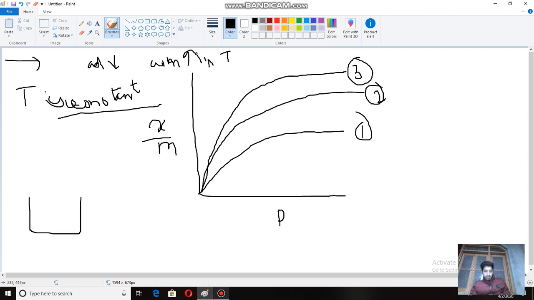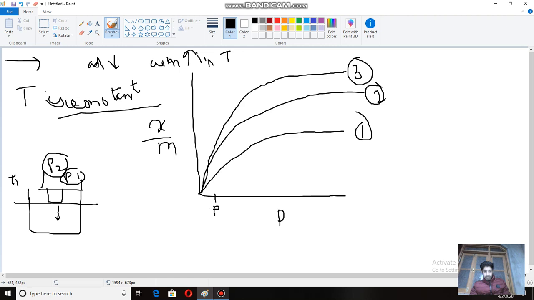For example, let's take a system whose temperature is T1, and first its pressure was P1, then we increased it, put some more weight, P2, and plotted how much mass x was adsorbed at P1 and at P2.